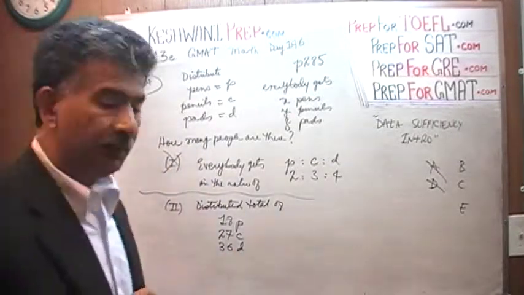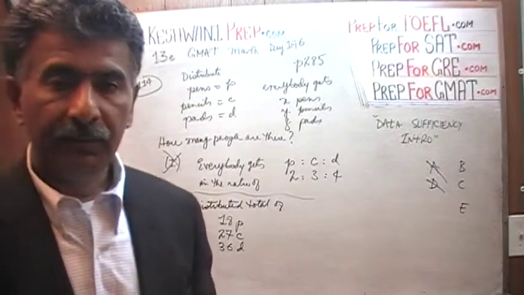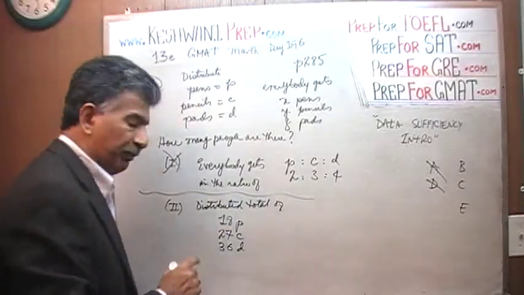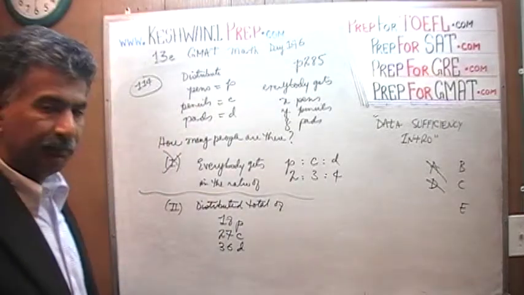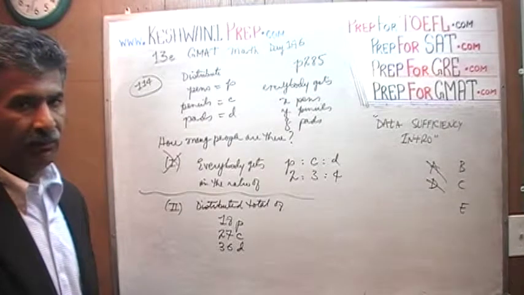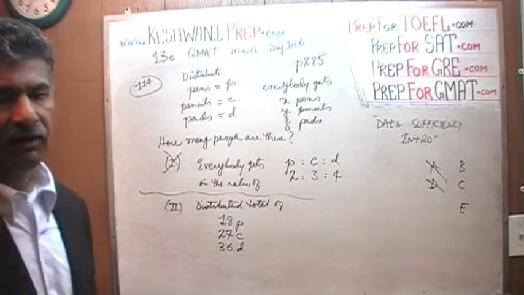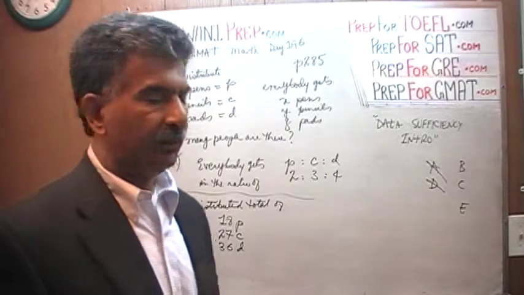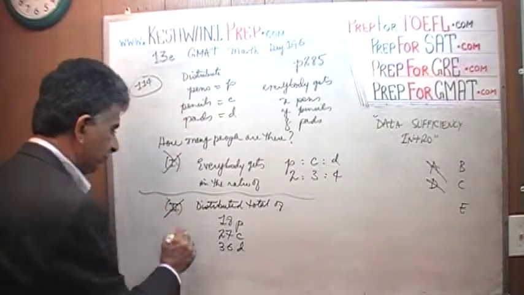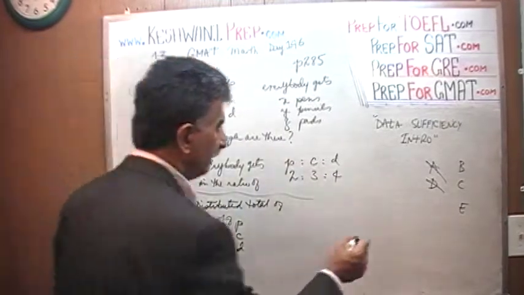Again by itself, knowing that he distributed 36 pads and 27 pencils and 18 pens does not enable us to answer the question, which is, how many people are there? It doesn't do any good by itself. The second statement by itself is no good, therefore the answer cannot be B.